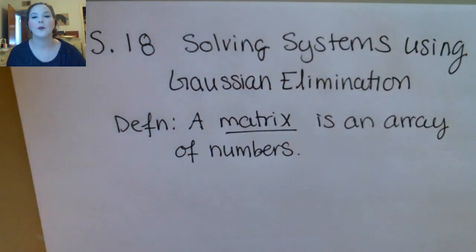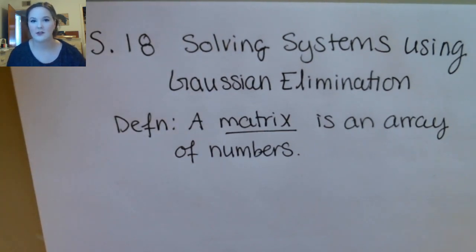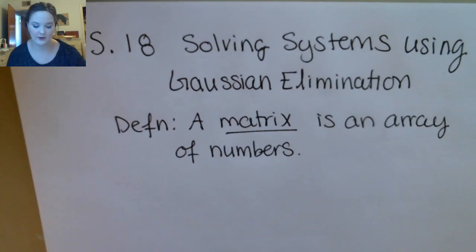Okay, so a matrix is just a name for an array of numbers. If you just arrange the numbers systematically, that's an array, and that's called a matrix.